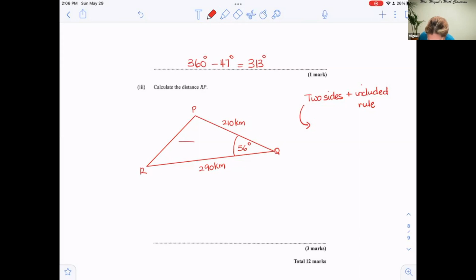Which rule do we use for two sides and the included angle? Cosine. So let us label our diagram. Here we will call this A, B, C. I am writing the general formula for you, and I want you to work it out.